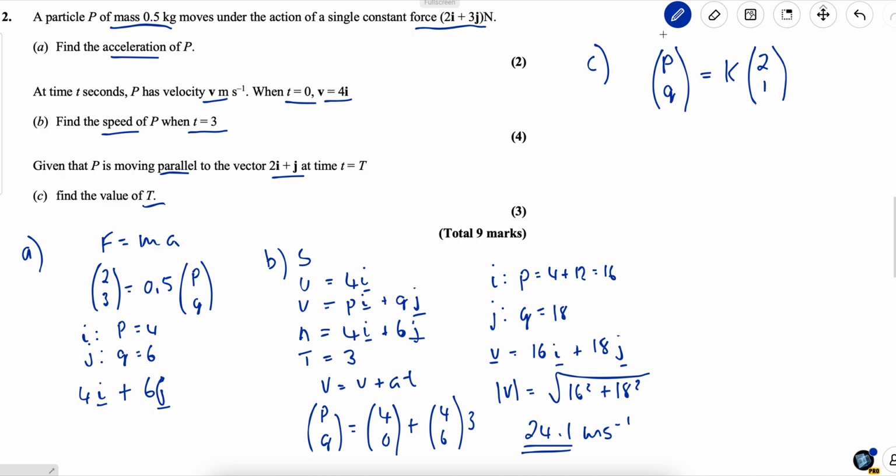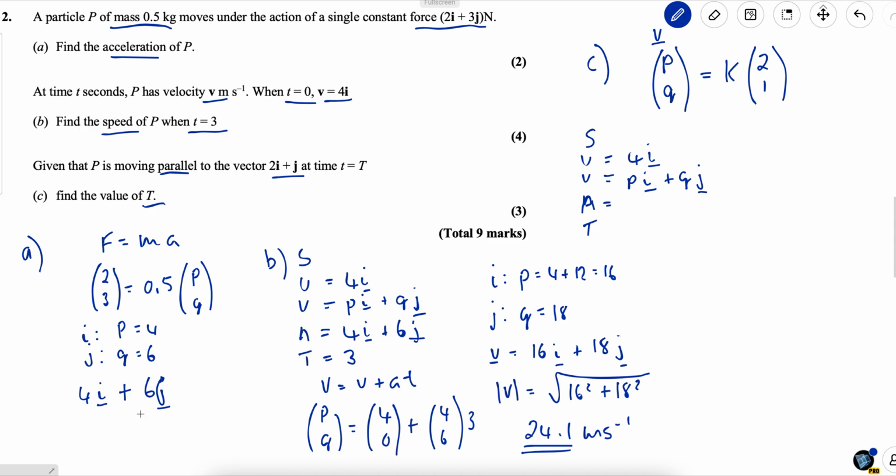So what I need to do is find that velocity of P. Using, again, suvat, I have s, u, v, a, and t. Initial velocity is 4i up here. Final velocity, I don't know, that's pi and qj.